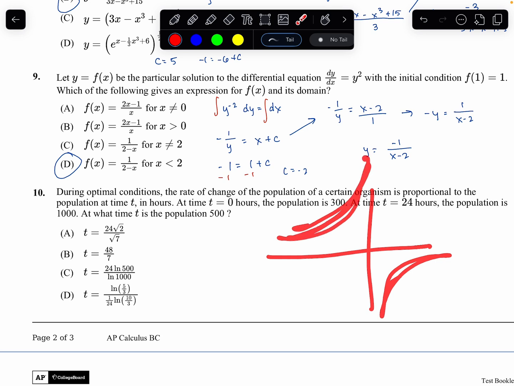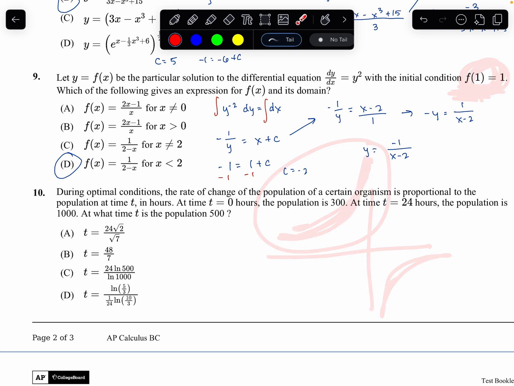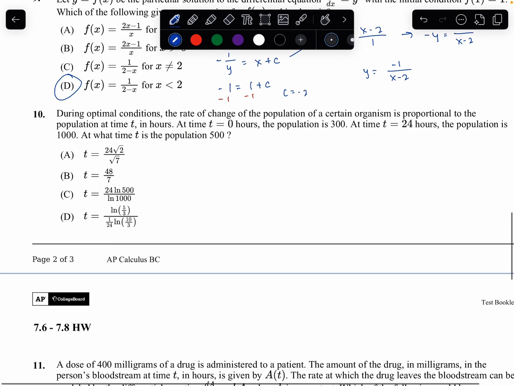If a function has multiple branches for differential equations, then only use the branch that is included with the initial condition. So that's when x is less than 2, since 1 is included in that part right there. Okay. All right.